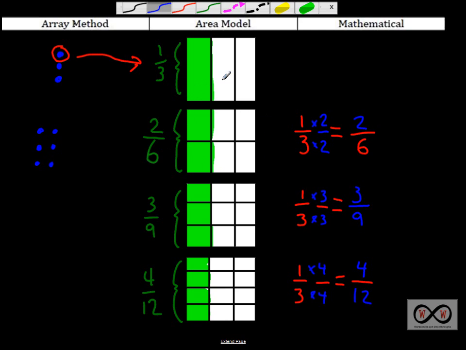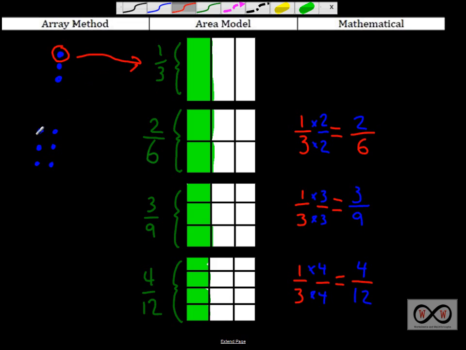In this lesson and the previous lesson, we've chosen squares, or you could use rectangles. You could use circles to show these pictorially. A lot of times people use pizzas and pies to divide up and show fractions. But let's continue with our array. So we've got 2/6. How are we going to show that?